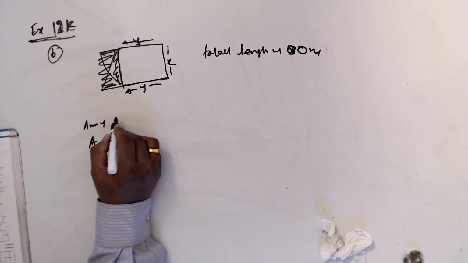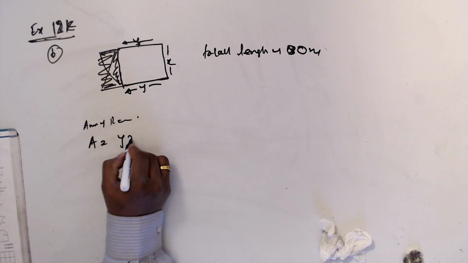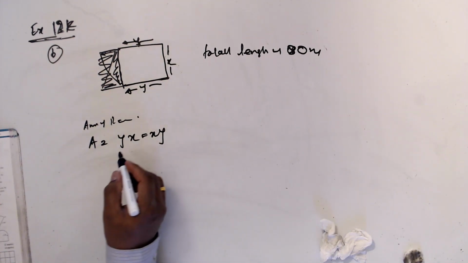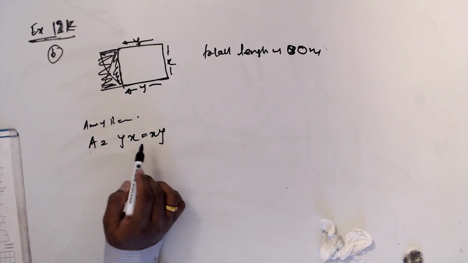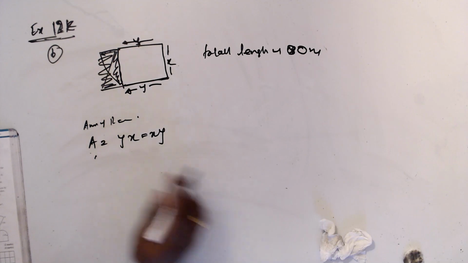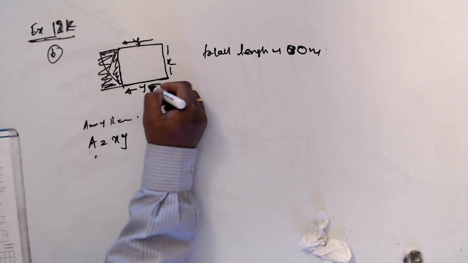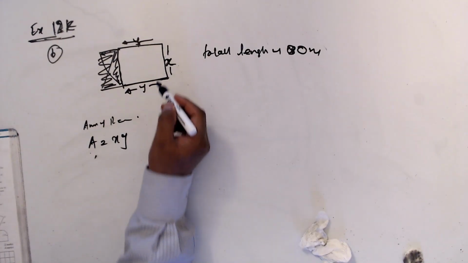Area of a rectangle is yx or xy. Right? We have done the equation now. But we have a problem in this equation. Now I will take A equal xy. That's how, when you multiply, we find the area of a rectangle.